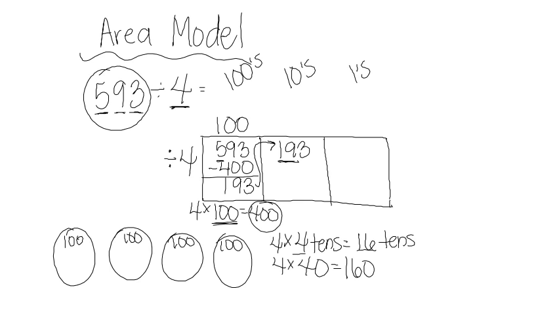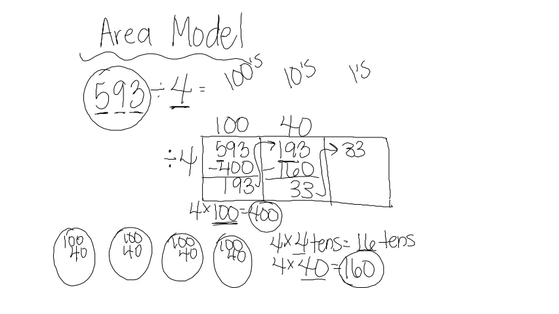I can subtract that. So I need to use the 160 and the 40. Now 40 is what's going to be going in each of my groups. So 40 is part of my quotient, so it goes right on top. And I can subtract my 160, and I get 33. This 33 is done with the tens column and it's going over to the ones.